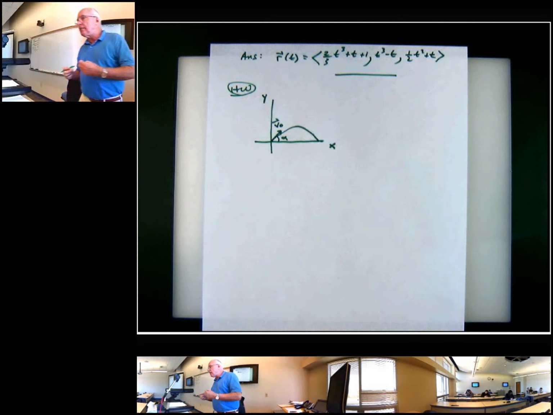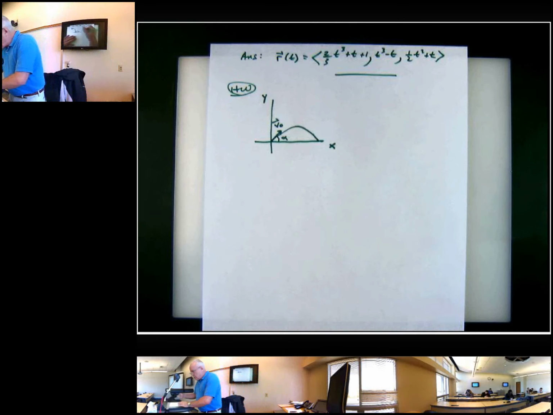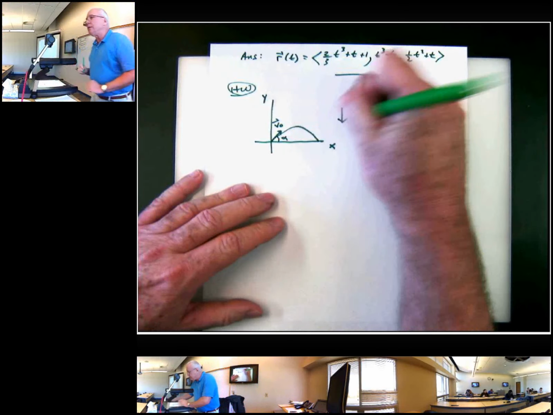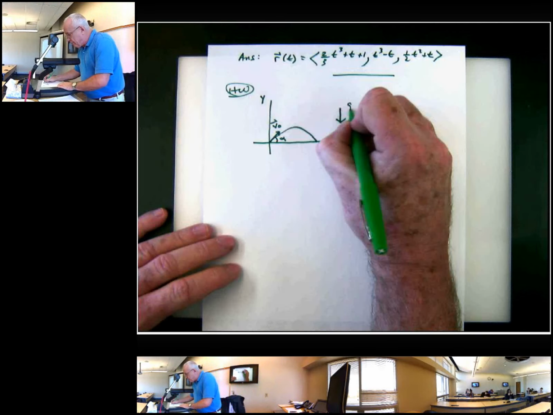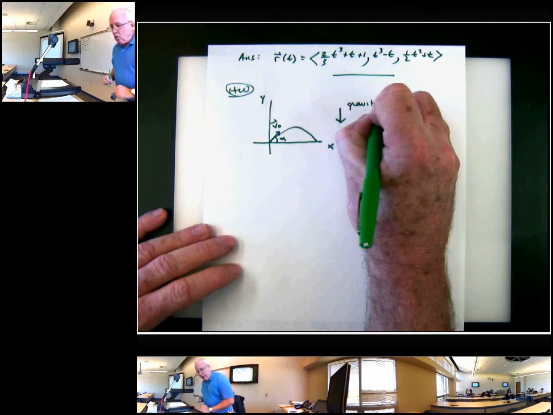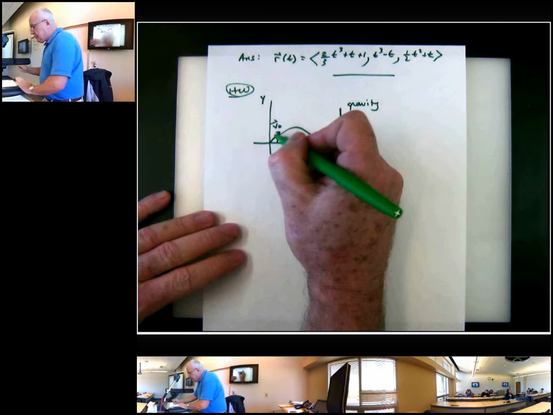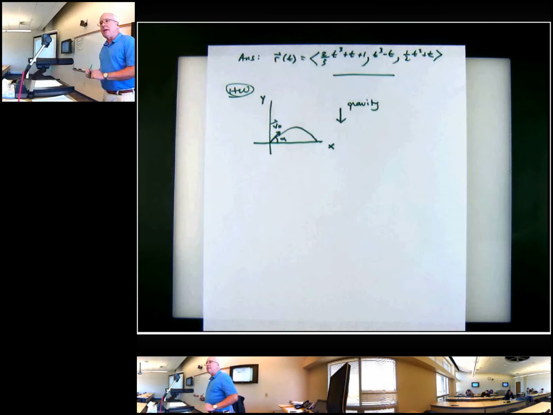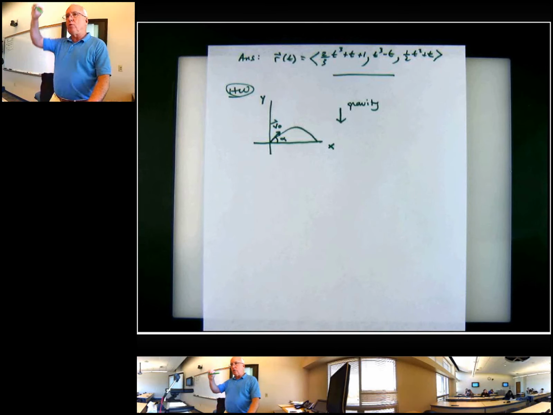We're not going to consider any air resistance. So the only force we're considering operating on this is the downward gravity force, which is in the vertical direction down. Now, this initial velocity vector, we can break it up into a horizontal component and a vertical component, all right?